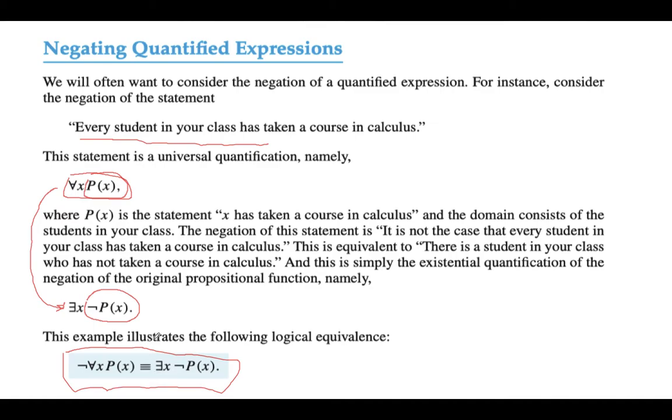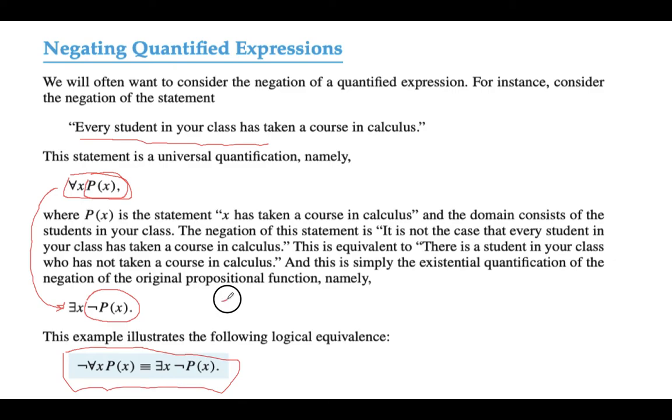So look again, the negation of this statement is different from the logical equivalence, because the negation of this is this one. And if you again place a negation, these will be logically equivalent.